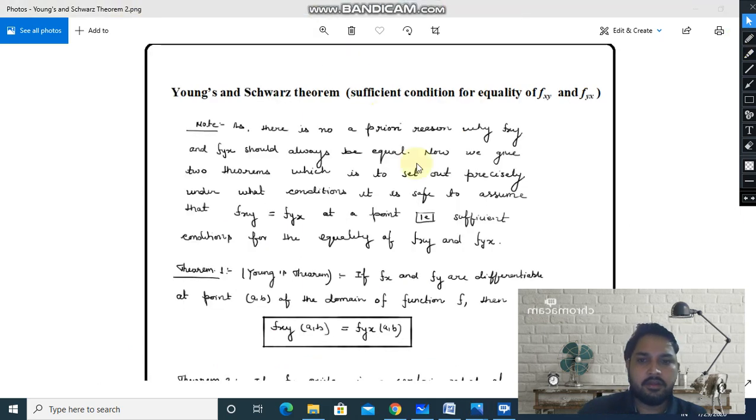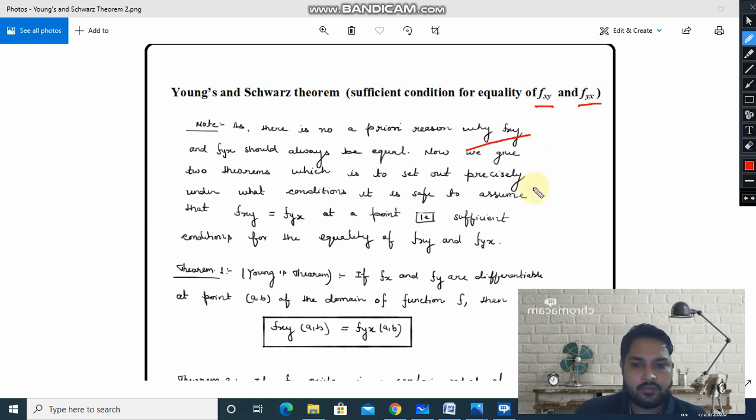Now we will discuss the sufficient condition for equality of fxy and fyx. There is no reason why fxy and fyx should be equal, but we have two theorems by using which we can find a sufficient condition under which fxy and fyx will be equal.